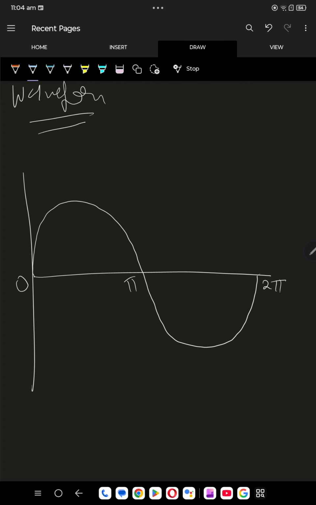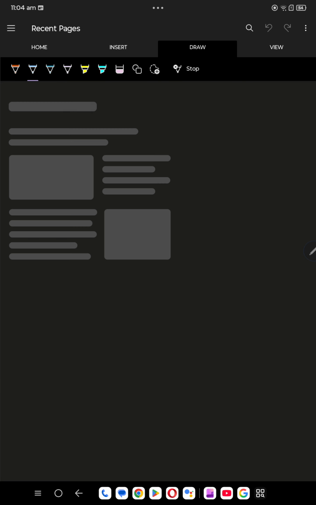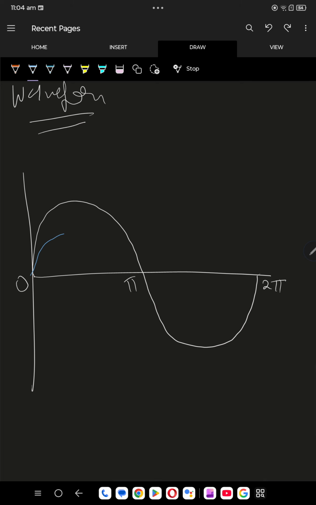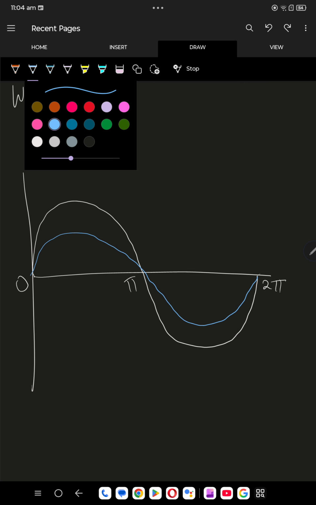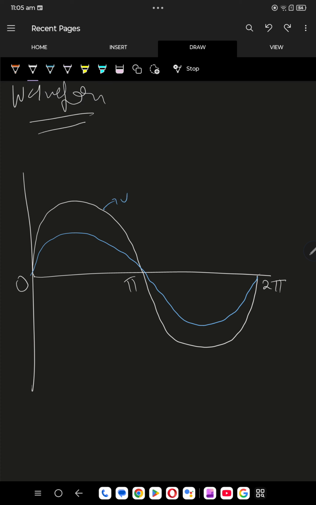So we show it something like this. This is voltage, this is current.